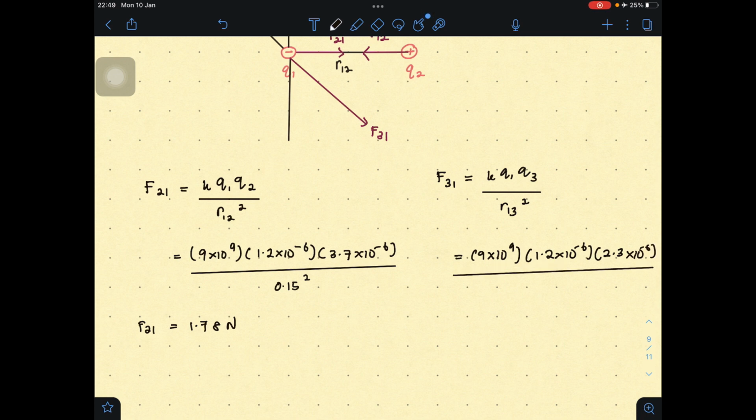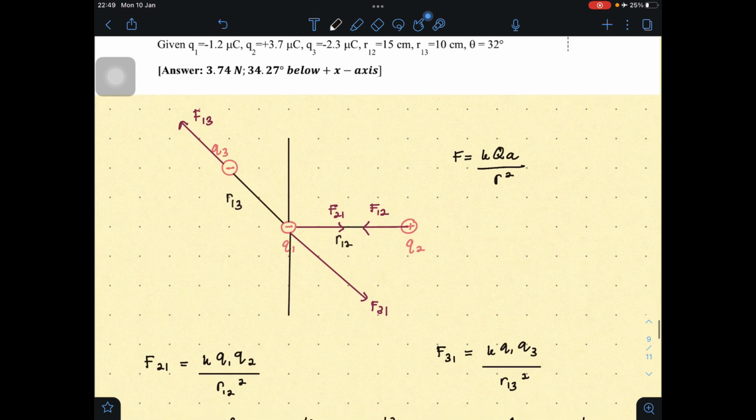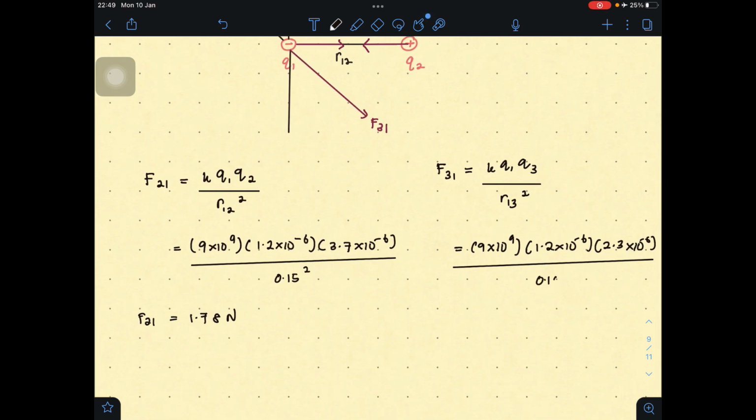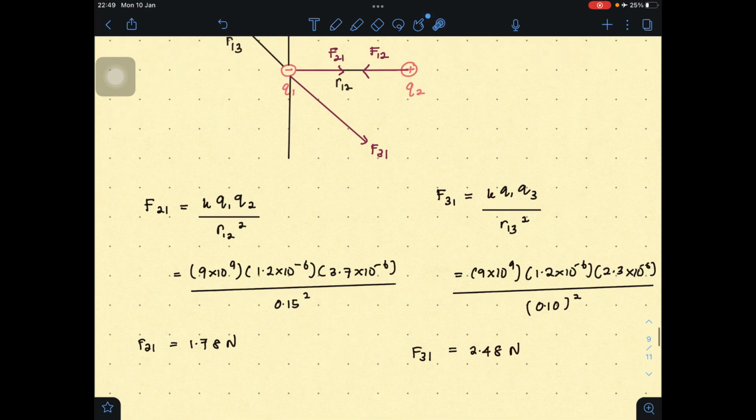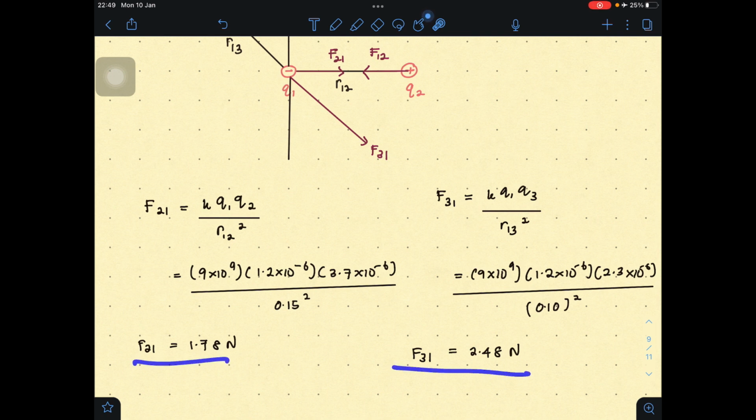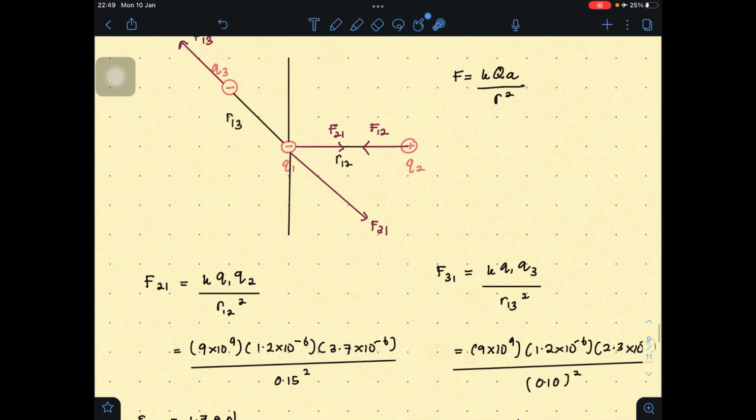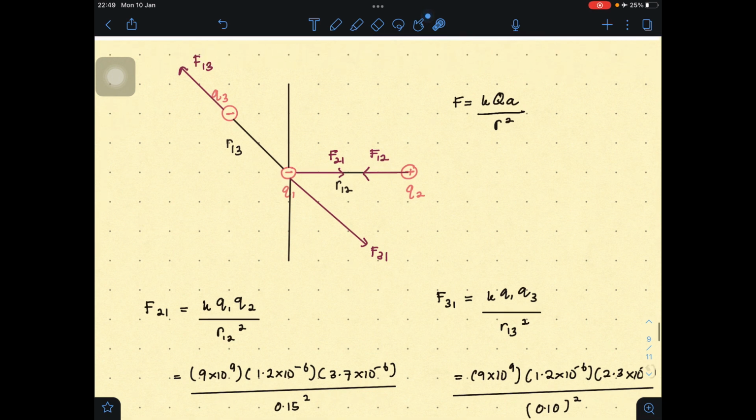Divided by the distance between them, 10 centimeter, convert to meter, and then squarekan. So you will get F31 equal to 2.48 Newton. Okay, so now that we have the magnitude, we need to resolve them into X and Y components. Sebab sekarang ni kita ada dua direction, kita bukan hanya going to the right and to the left, because we have the angle here.